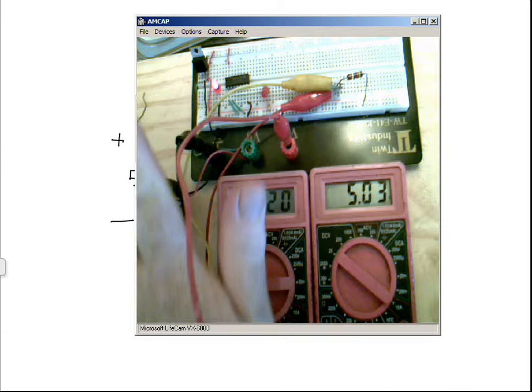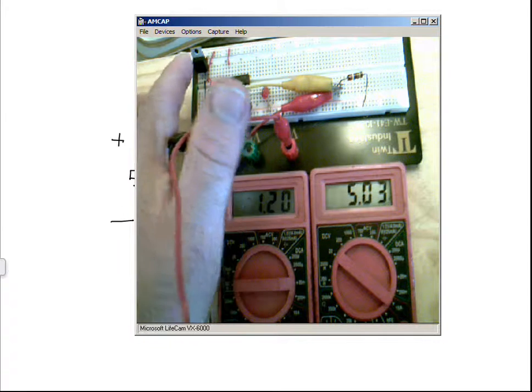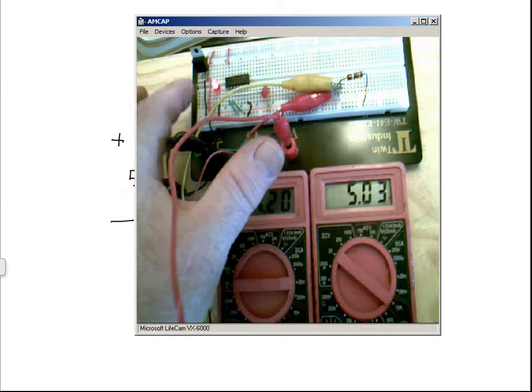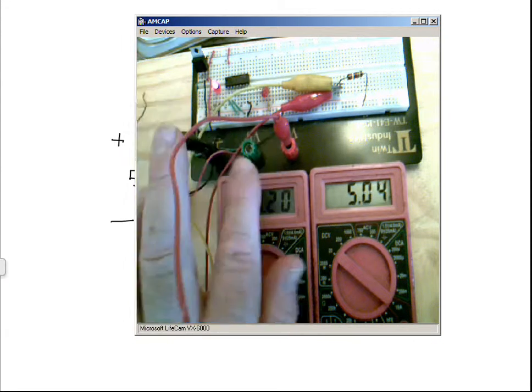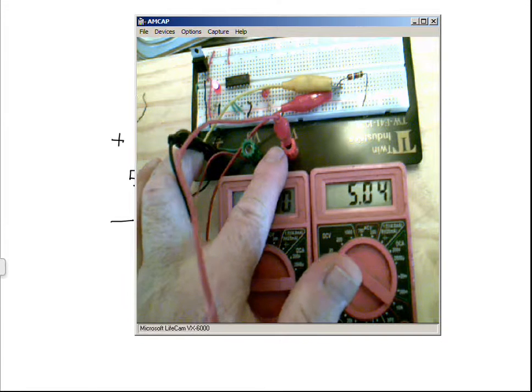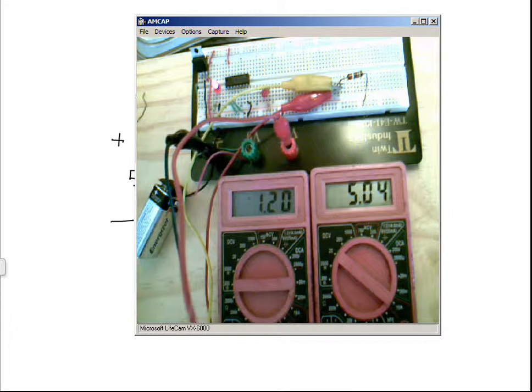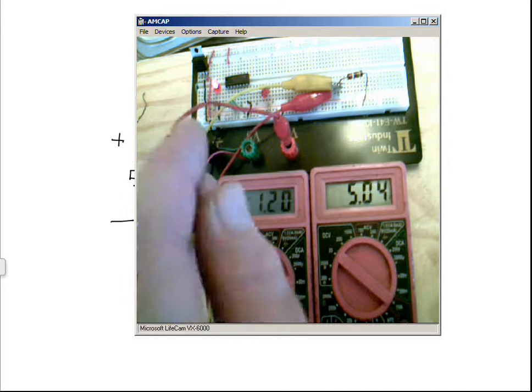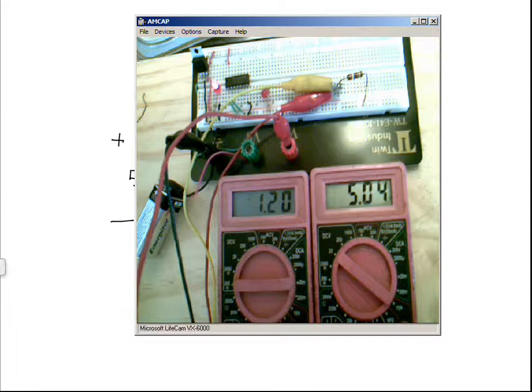Now here's a 9-volt battery feeding a voltage regulator that's way over here. And that voltage regulator is feeding my power bus. My power bus is the red and the black terminals there. Now this red terminal is going through my current meter, and then the yellow wire here is the first attachment to my resistor.